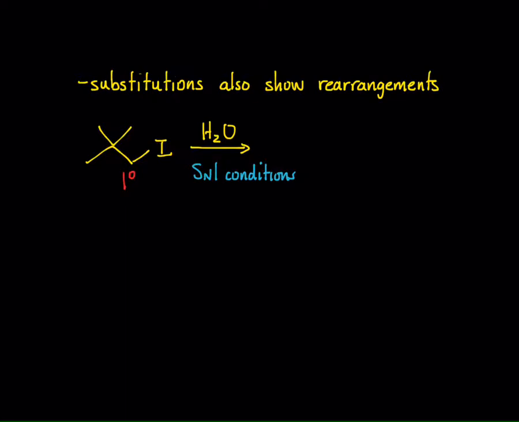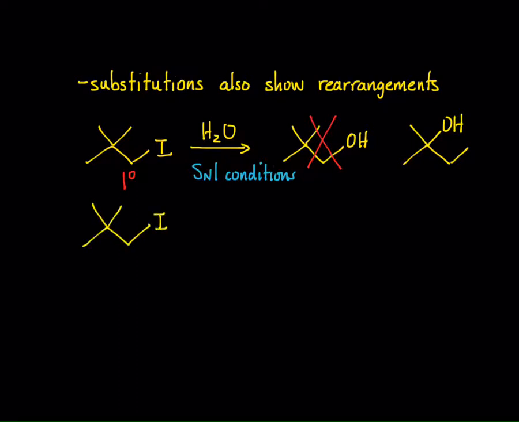And so what would I expect to see in an SN1 type mechanism? Well, I'm expecting to see this, but obviously I don't see that at all. Instead, I do get a substitution product, and my substitution product is this. And we might go, well, how in the world did that form? Well, again, we have to think about rearrangements.